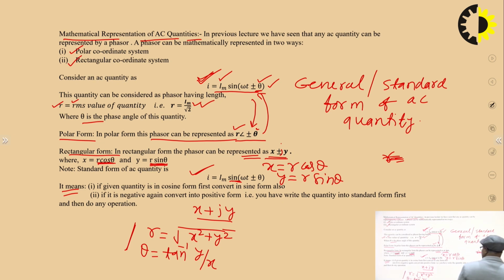You have to write the AC quantity as small i equal to Im sin omega t plus minus theta. This is the standard form. It should be positive and sinusoidal. This is important: before performing any operation, we write the AC quantity in standard form.